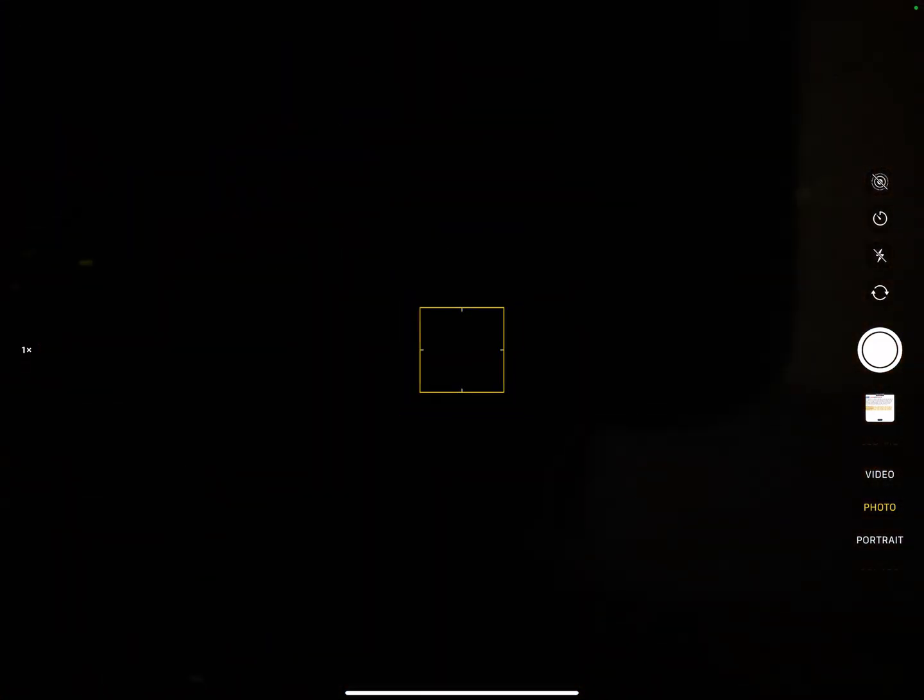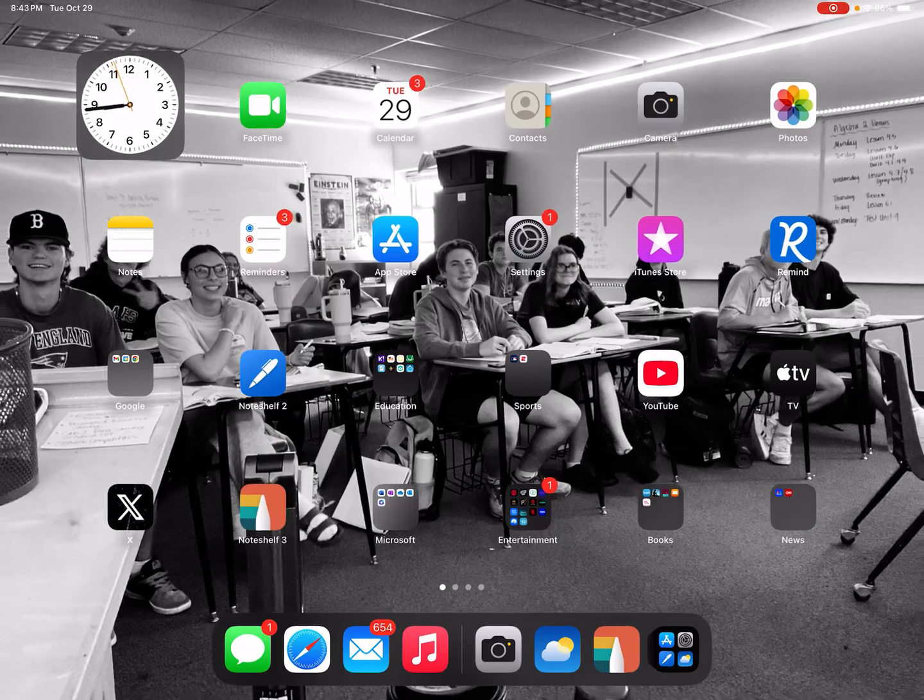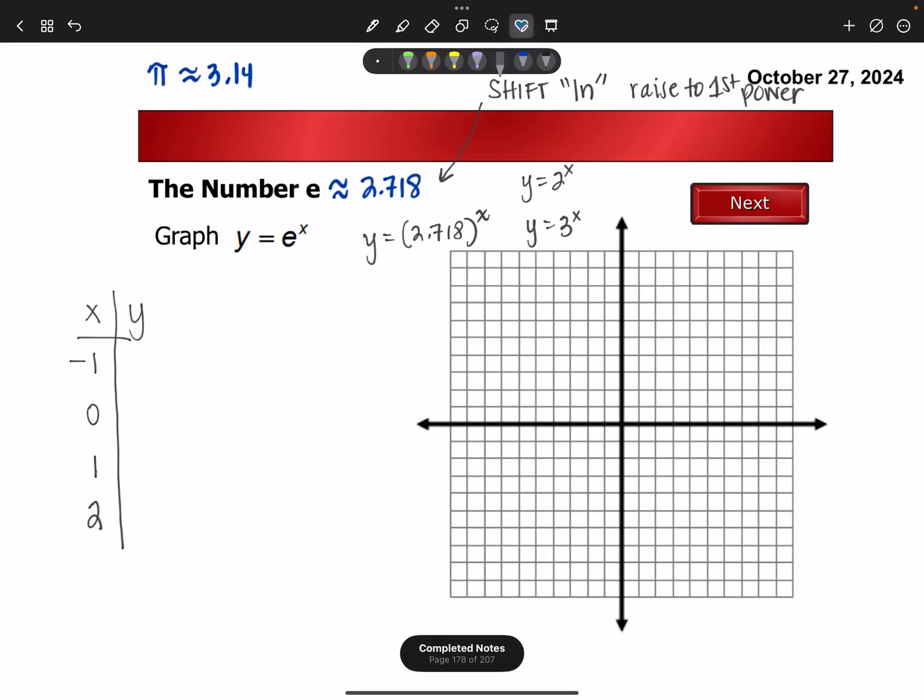Now I'm going to go to the nearest tenth, 0.4-ish. So that would be 0.4. Then when we put a 0 in, e to the 0 power, anything to the 0 power is 1. Then when we put a 1 in, e to the first power is 2.718. We're just going to go out to the nearest tenth, 2.7-ish.